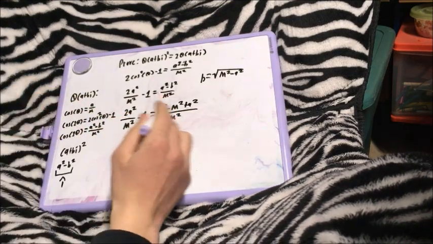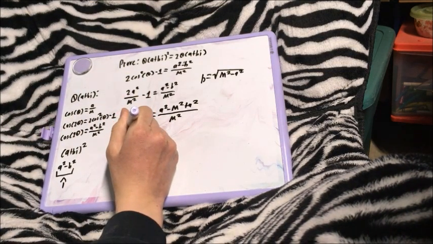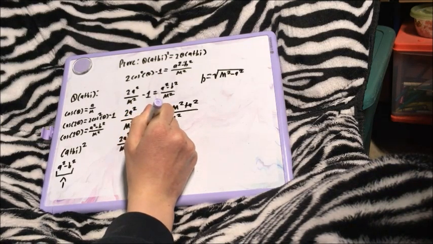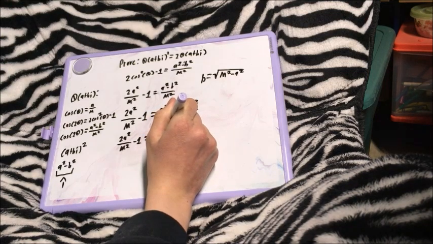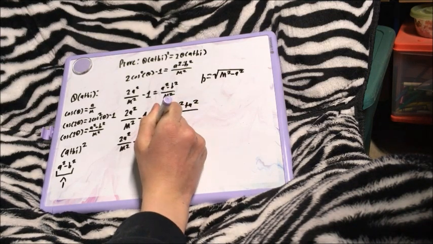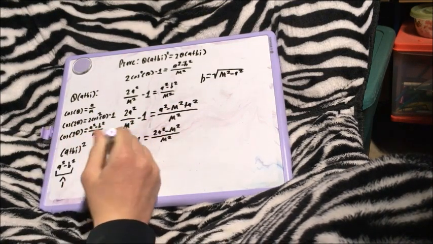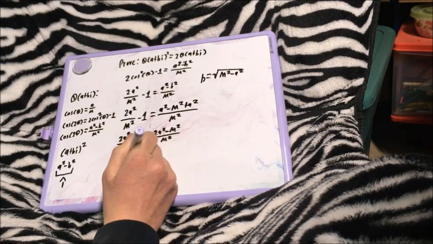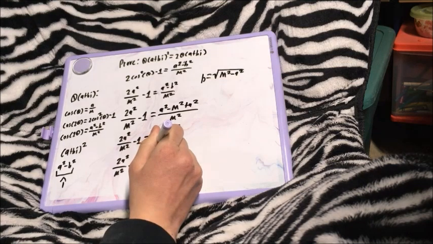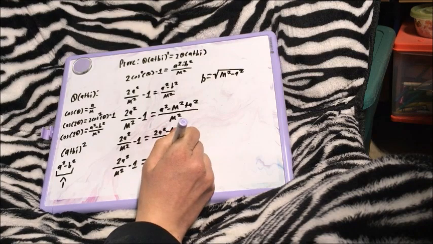Next, you've already simplified this in your head, you've already solved the proof. 2a squared over m squared minus 1 is equal to 2a squared minus m squared over m squared, which means 2a squared over m squared minus 1 is equal to 2a squared over m squared minus 1.